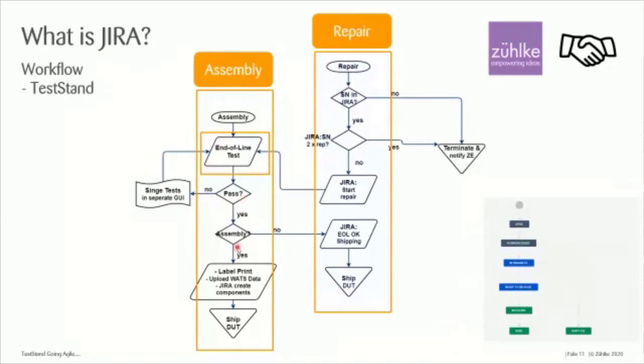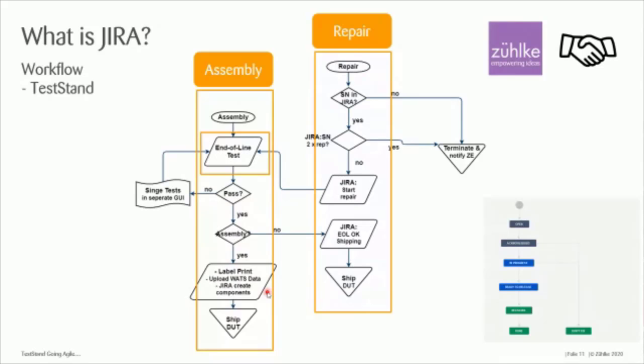And if it's an assembly, you print the label for it, and you upload your data to WATS. I will talk about WATS towards the end of the talk and show you a demo of what you can do there. And it will create a JIRA component. That means it registers the serial number that we just assembled with our JIRA instance.